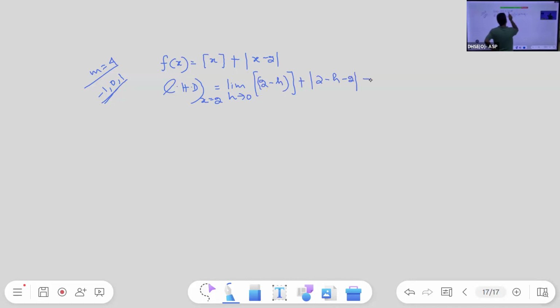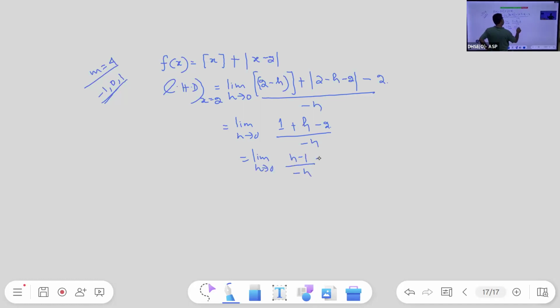F of 2 is, this one will be 0, this one will be 2, divided by minus h. This is equal to limit h extending towards 0, bracket value of 2 minus h is 1, plus mod of minus h is h, minus 2, divided by minus h. This is equal to limit h extending towards 0, h minus 1 upon minus h.